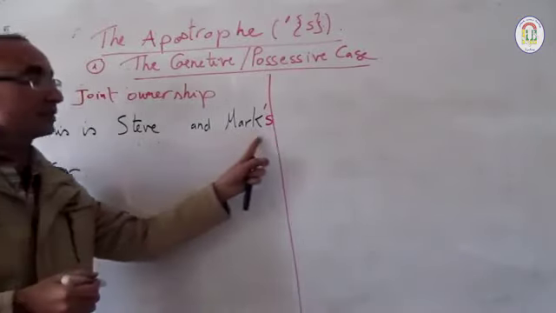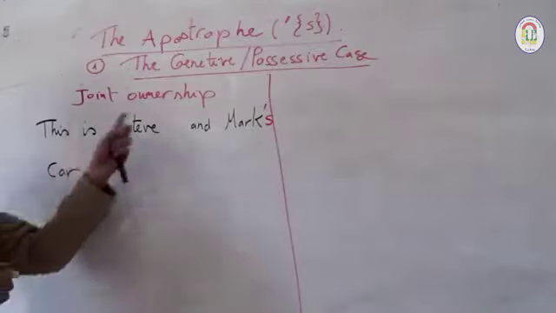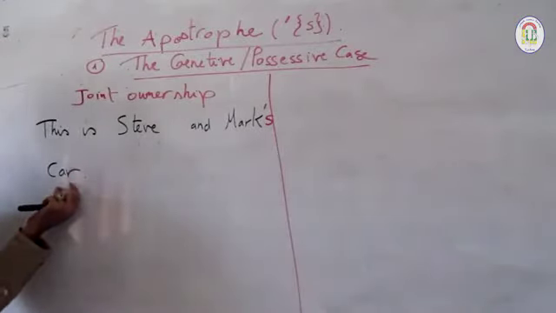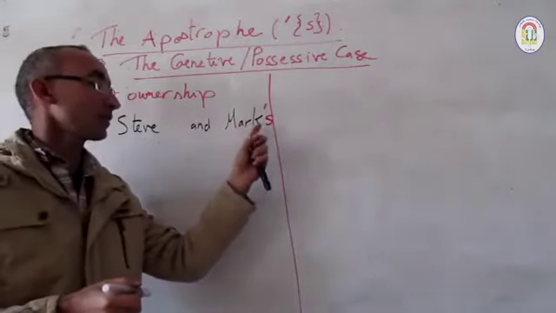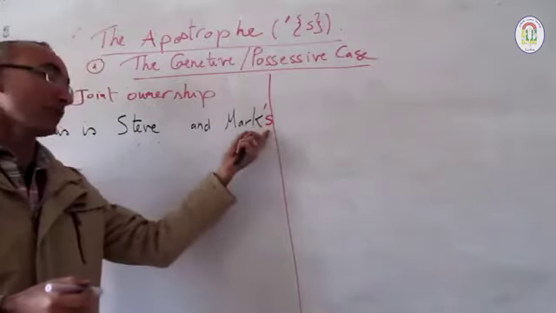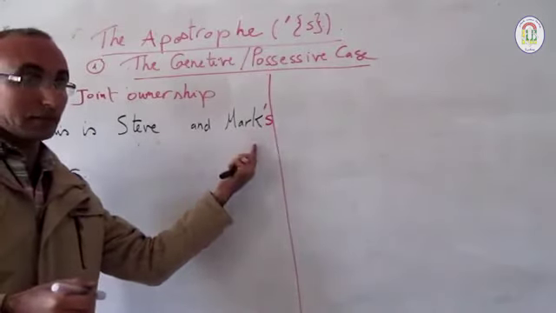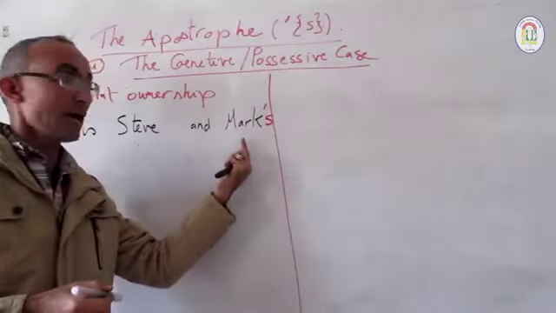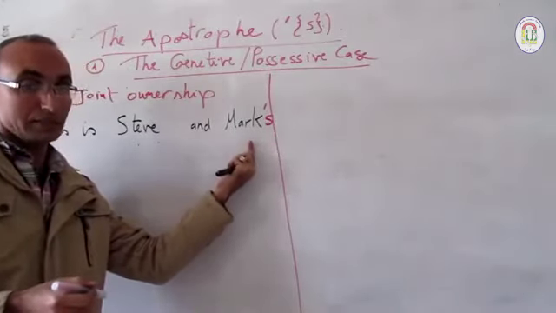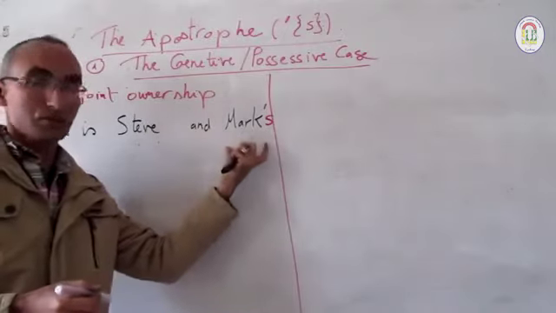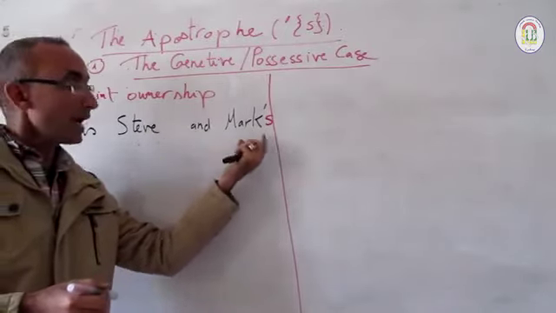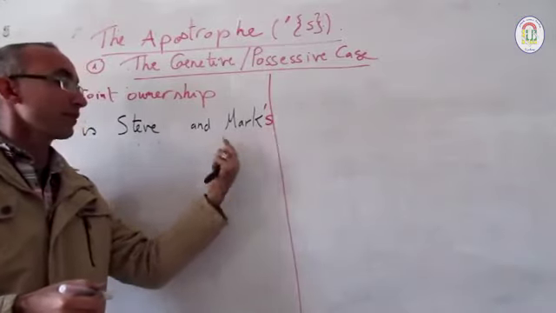It means both of them possess one car. So in this case, I put only apostrophe and s if the noun, of course, is singular, at the end of the second noun of the owner, right? And if they have two plural nouns, I must of course add only an apostrophe after the regular plural noun.